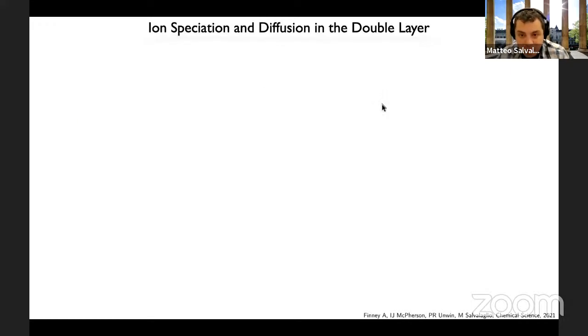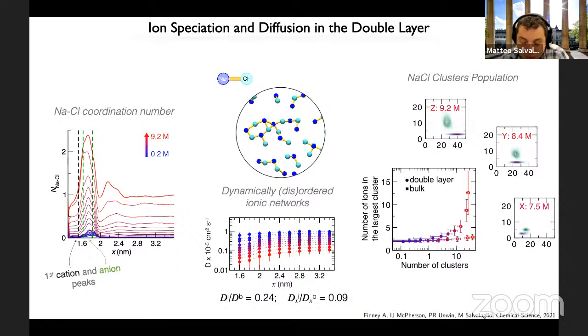Okay, the final example slide that I have that connects to the exercises is still coming from this paper. It comes from the fact that once we looked at the results from these double layers a little bit more in detail, we discovered that, at least within the remits of the model and the simplifications that we are introducing in the system, there are structures that form in the double layer.